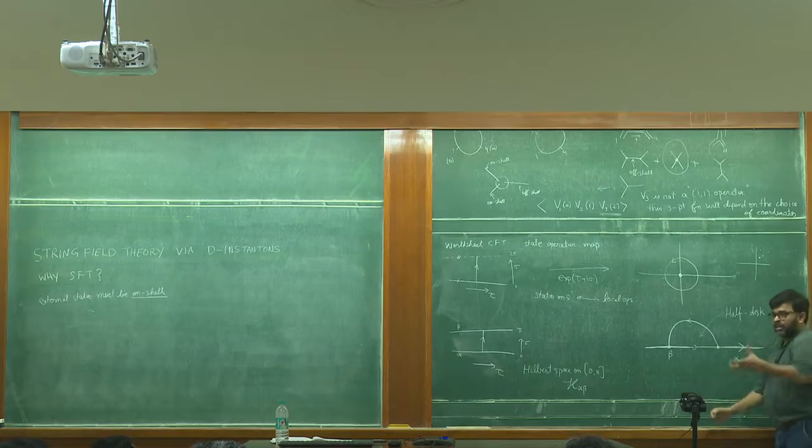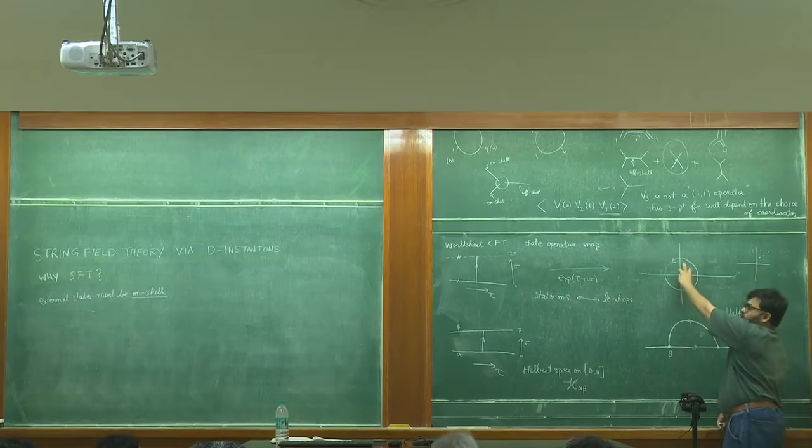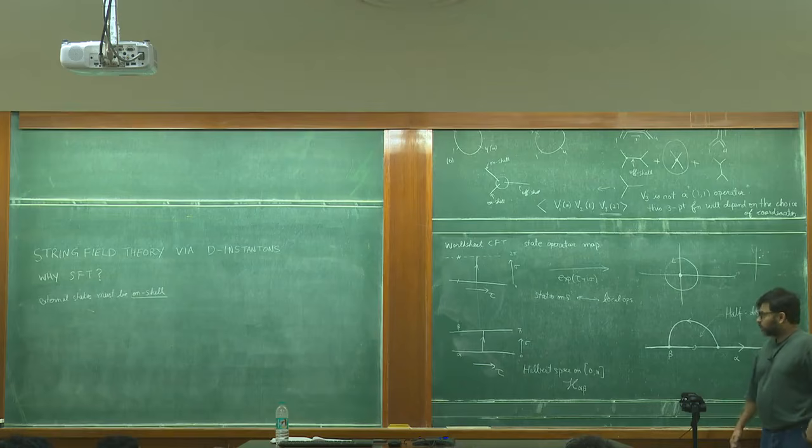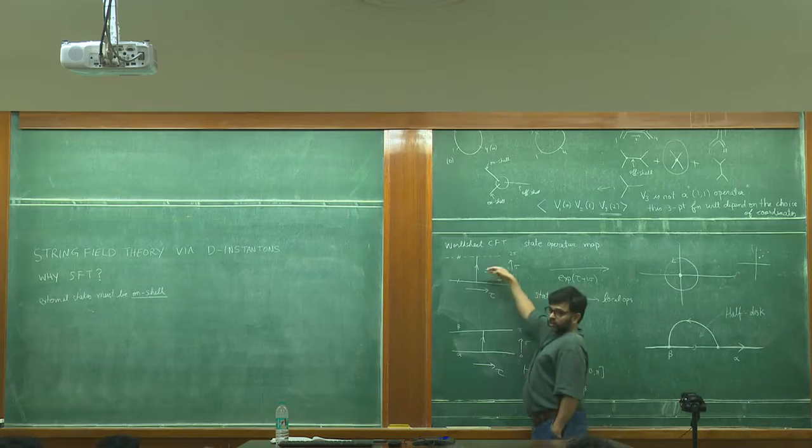The idea of a CFT is that the state on the unit circle is related to states on smaller circles just by some trivial factor of dilatation. You cannot do that in a QFT. Well, this dilatation is the time translation here. Yes.